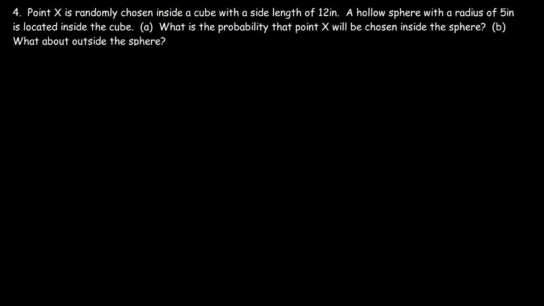Point X is randomly chosen inside a cube with a side length of 12 inches. A hollow sphere with a radius of 5 inches is located inside the cube. What is the probability that point X will be chosen inside the sphere? So let's draw a cube.